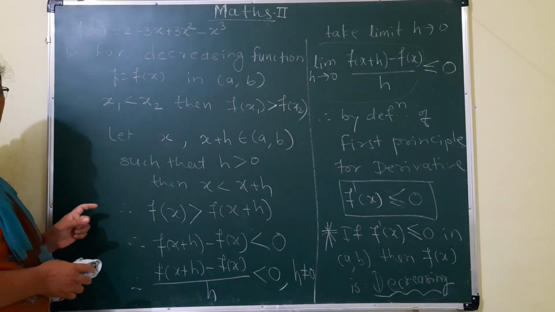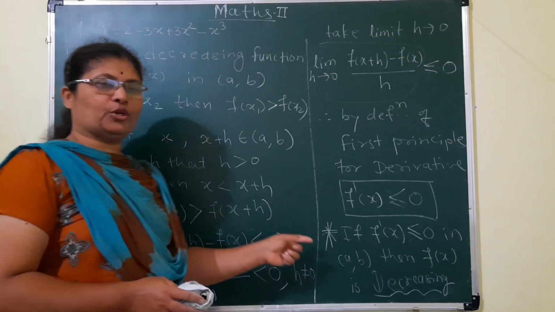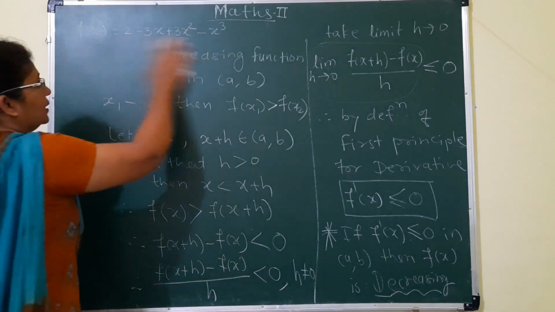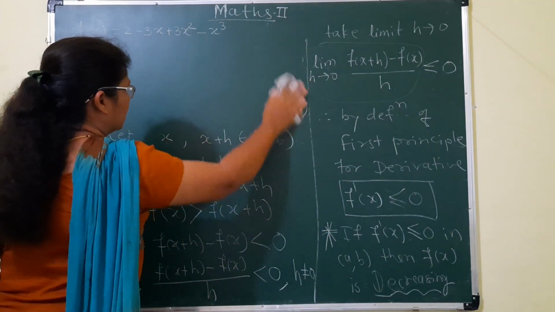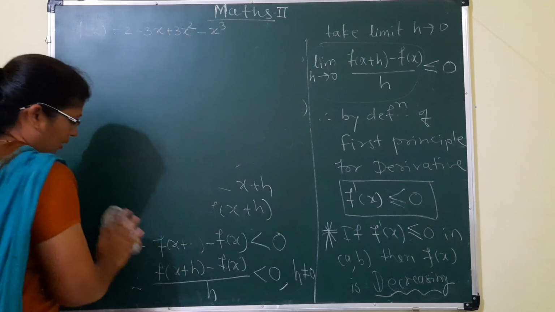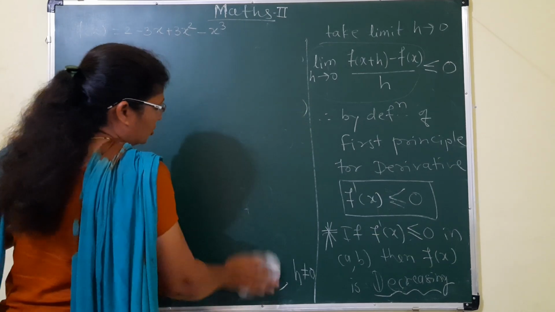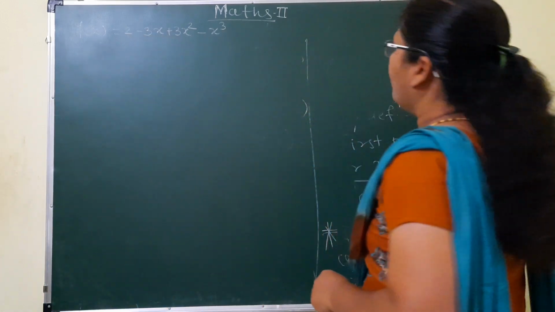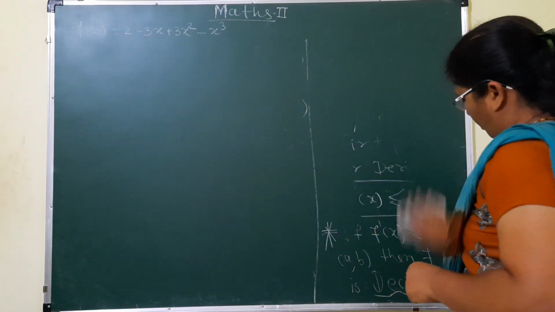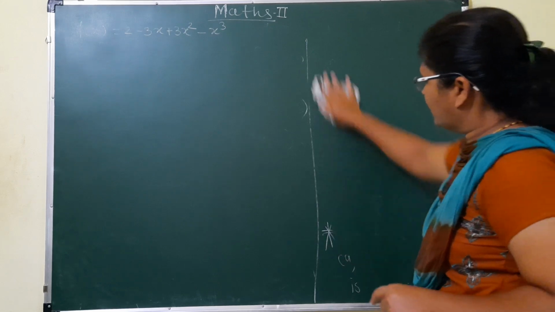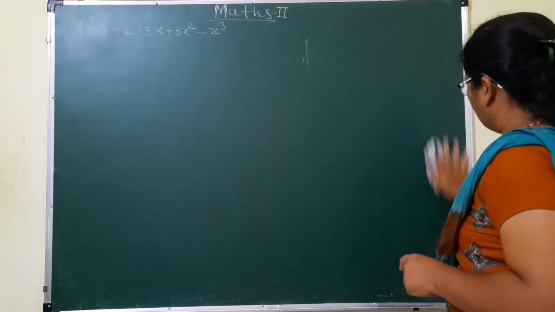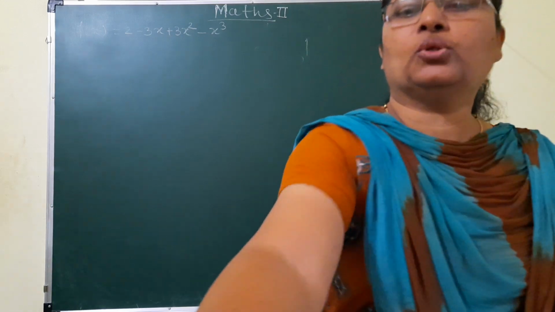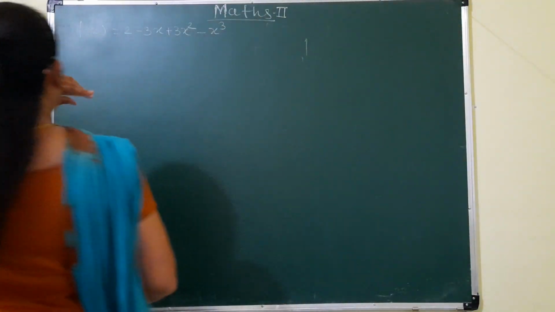Now using these conditions for increasing and decreasing functions, we will find whether the given function is increasing or decreasing in the given interval. Consider this example which is in front of you: f of x is equal to 2 minus 3x plus 3x square minus x cube, for x belonging to the set of real numbers.